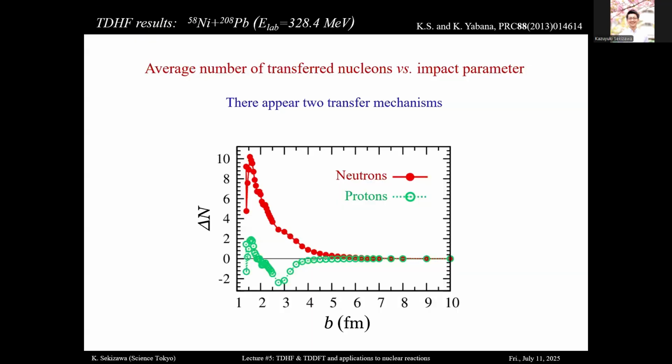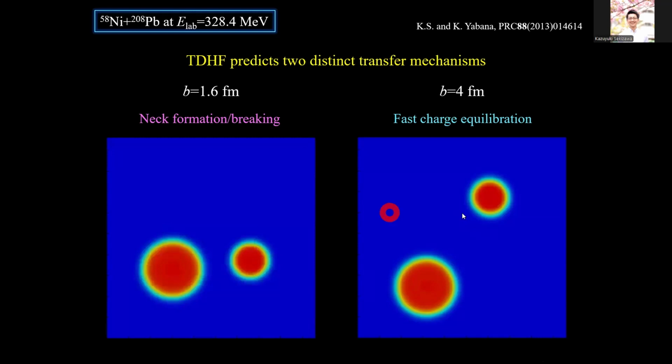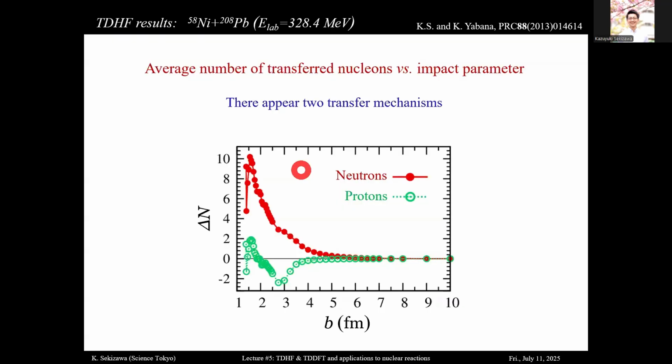Okay, so after the reaction, we have some many-body wave function or density distributions. So we can integrate the density in each of the fragments to evaluate the number of nucleons transferred between the two colliding nuclei. Here I show delta n, the number of transferred nucleons, as a function of impact parameter.